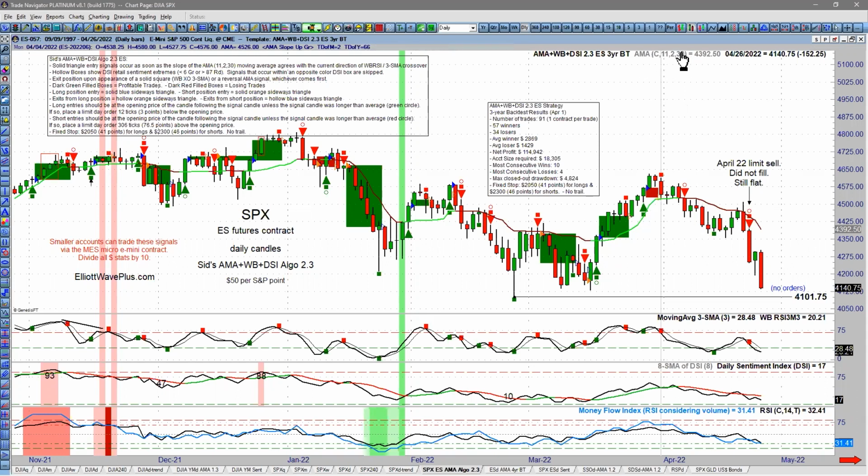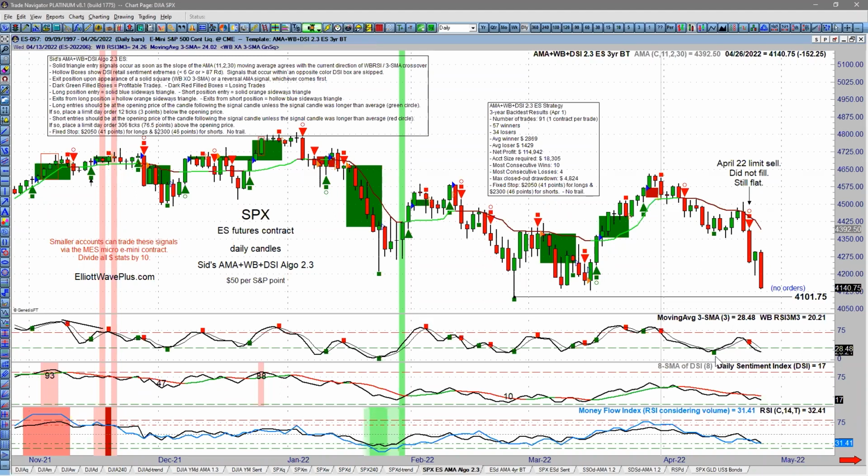And at the same time that we backtest for the settings on that, we backtest for the settings of a moving average of what I call the Walter Bressert indicator, which is a double smooth RSI. So it's a plain RSI, and you take a 3-period moving average of the RSI, and then you take an additional 3-period moving average of that first 3-period moving average, and you get a pretty smooth, a double smooth RSI.